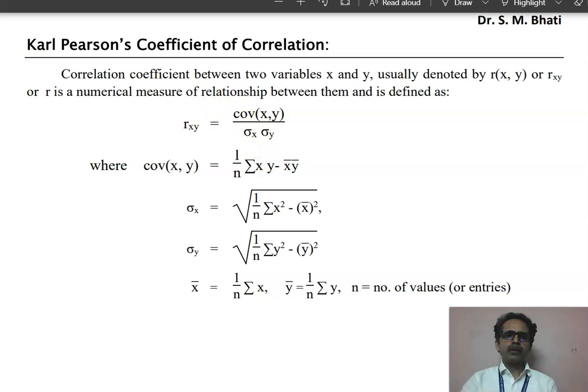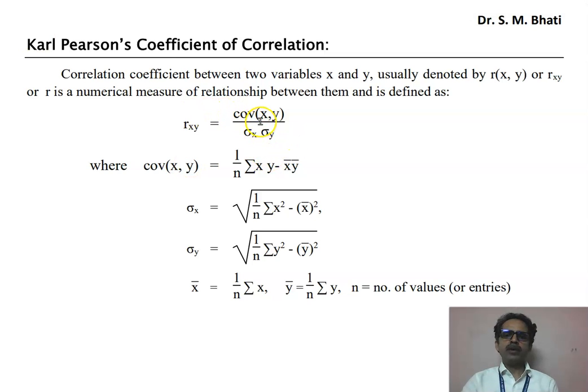Now Cov(x, y) stands for covariance between x and y. Sigma x stands for standard deviation of x. Sigma y stands for standard deviation of y. Let's see now the formulas.